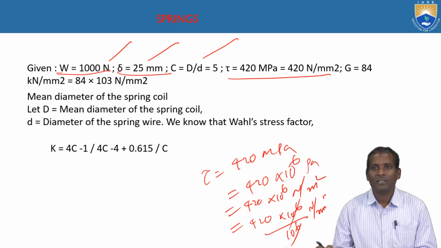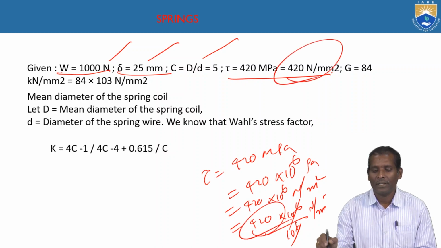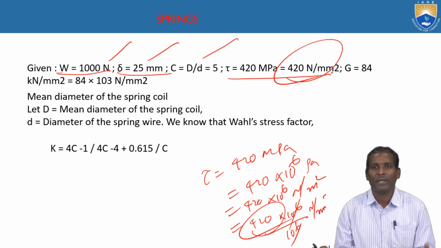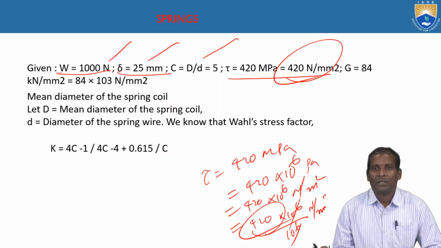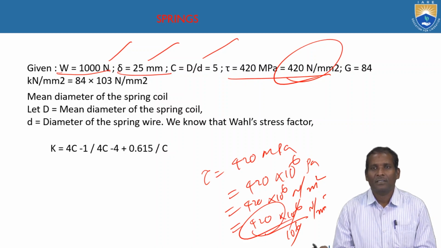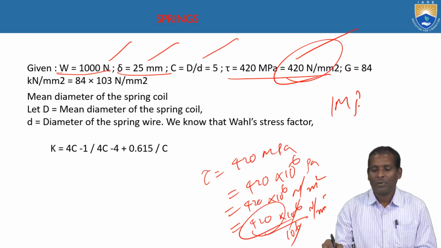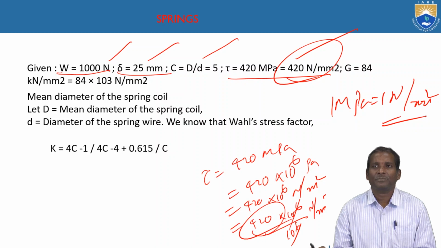The 10 to the power of 6 and 10 to the power of 6 get cancelled, so you will get 420 Newton per mm square. So you can directly take 1 megapascal as 1 Newton per mm square. Clear?